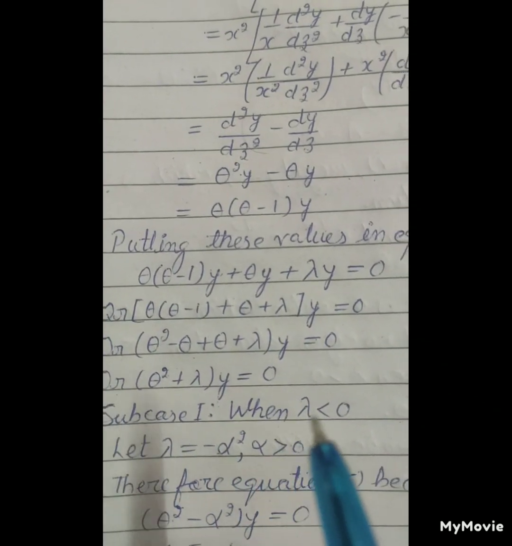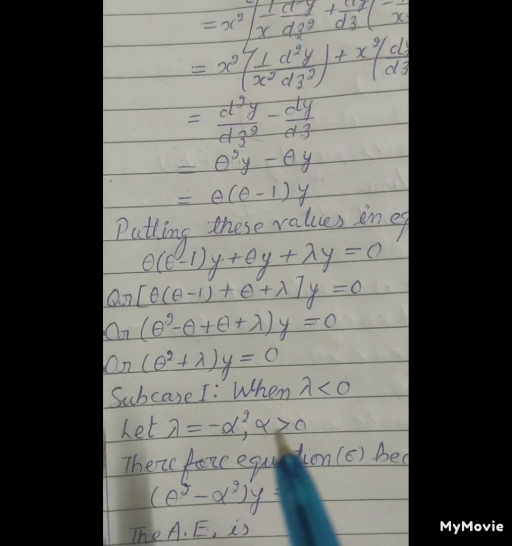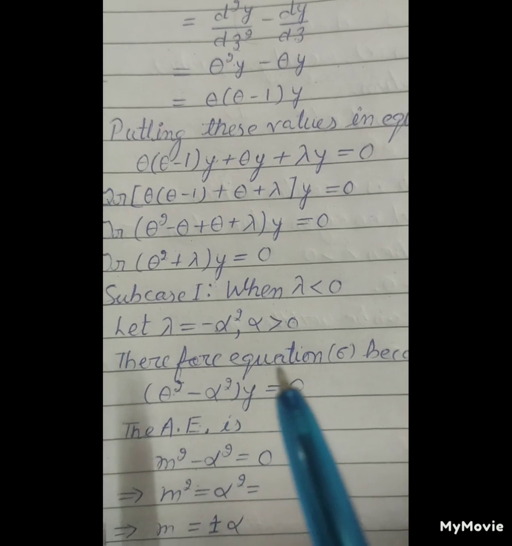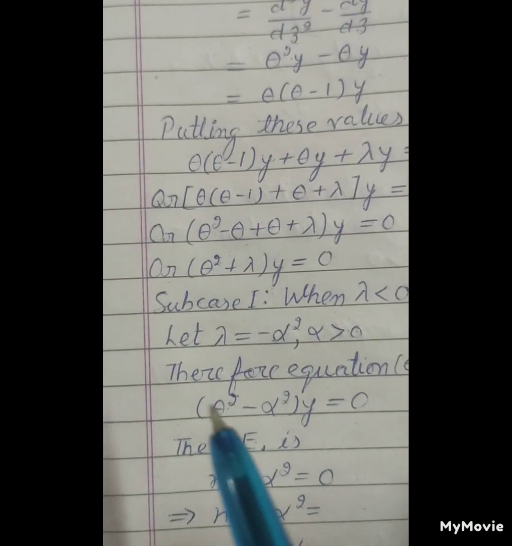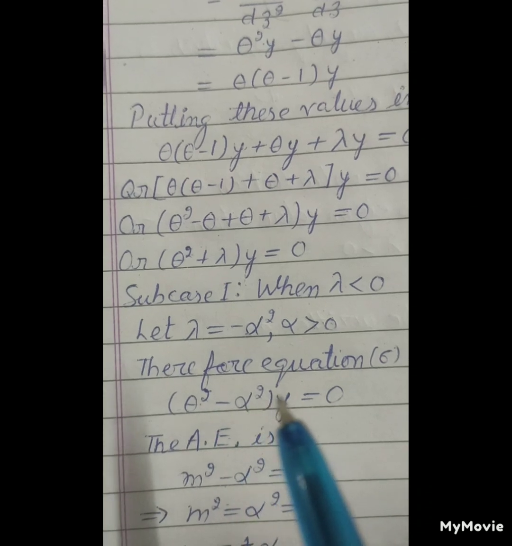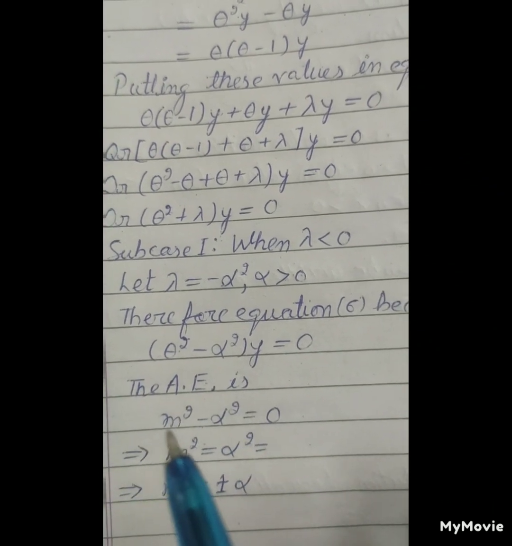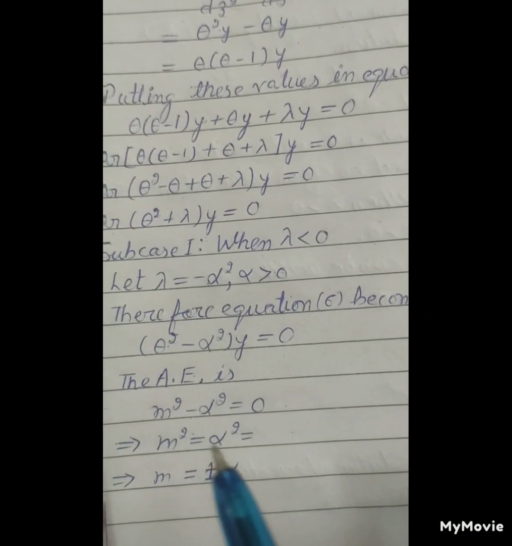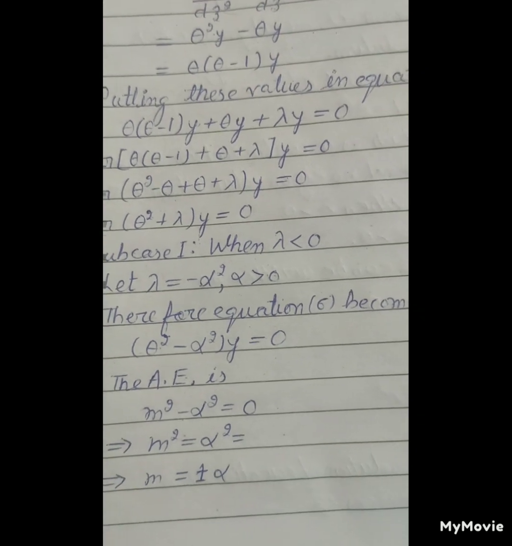Equation 6. Now subcase: when lambda is less than 0, let lambda equal minus alpha square, alpha greater than 0. Therefore equation 6 becomes D square minus alpha square into y equals 0. The auxiliary equation is m square minus alpha square equals 0, which implies m square equals alpha square, which implies m equals plus or minus alpha.